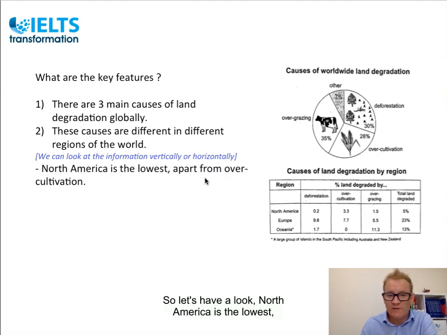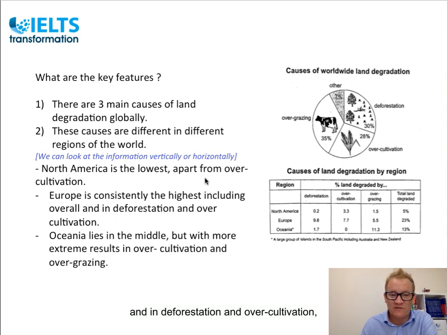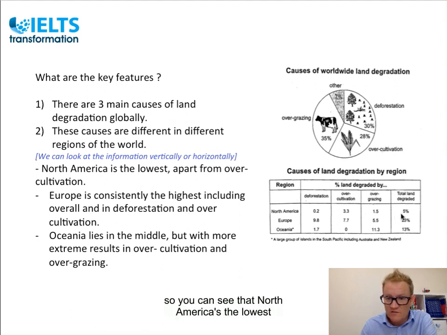So let's have a look. North America is the lowest, apart from overcultivation. Europe is consistently the highest, including overall and in deforestation and overcultivation. Oceania lies in the middle, but with more extreme results in overcultivation and overgrazing. So you can see that North America is the lowest in all of them except this one.